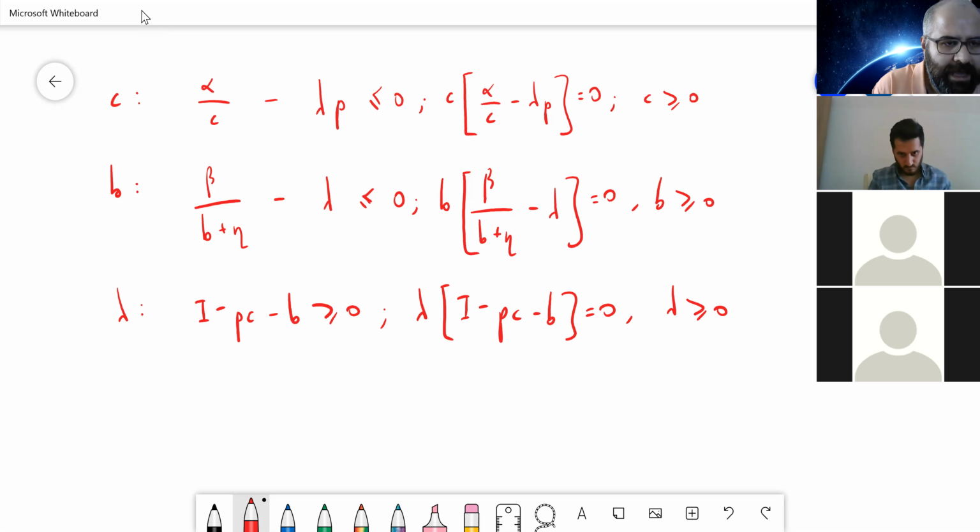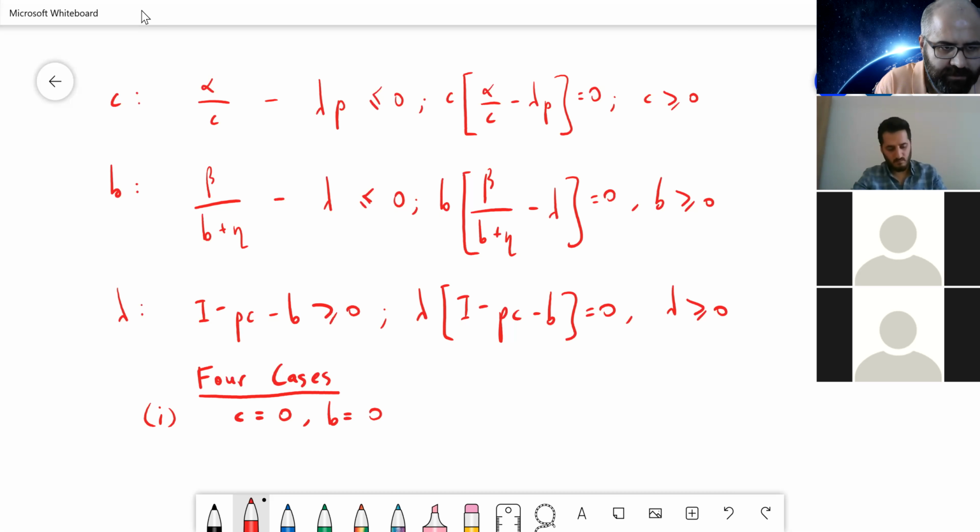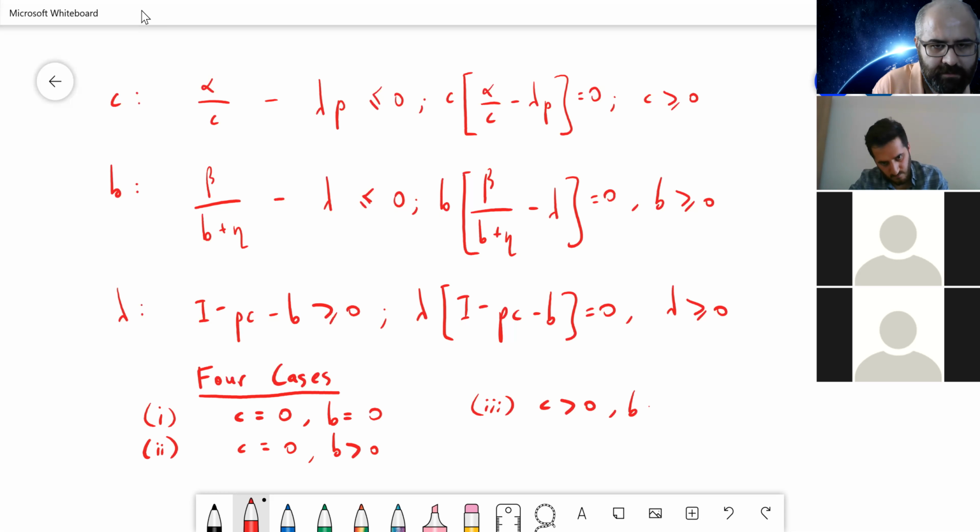Now, we have 4 cases here, if you look at it carefully. 1, c equals 0, b equals 0. 2, c equals 0, b greater than 0. 3, c greater than 0, b equals 0.